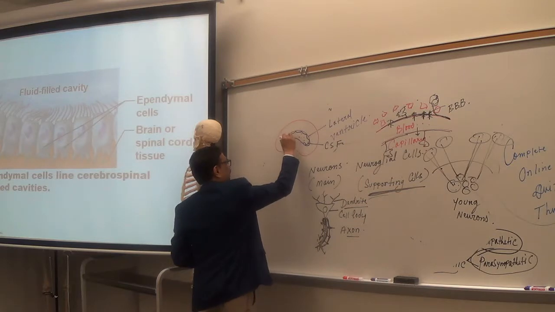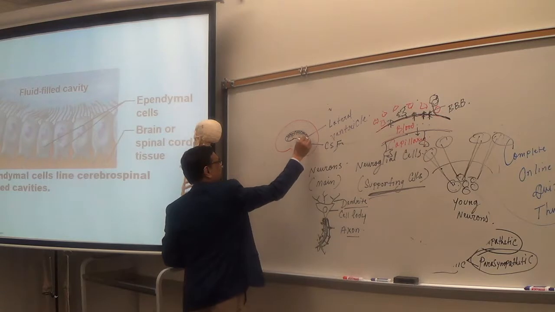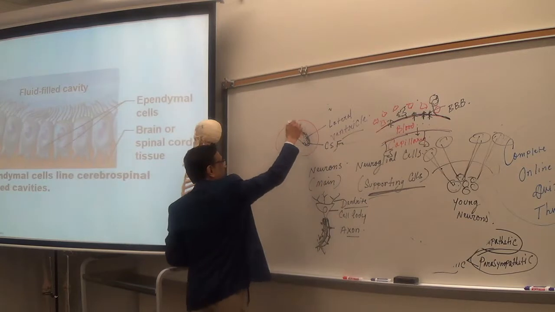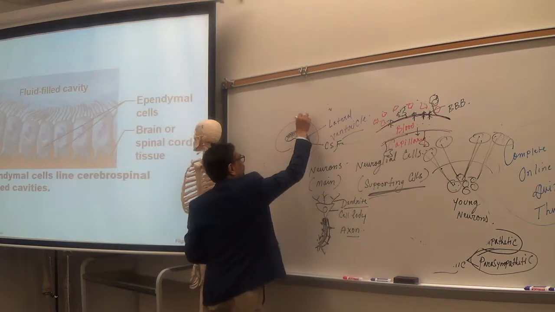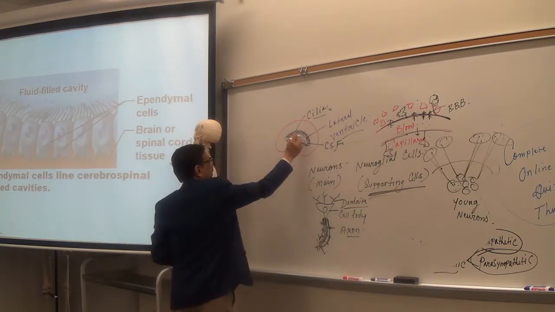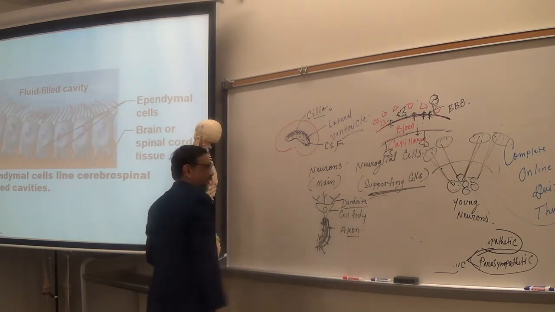And the ependymal cells have cilia, soft hair-like structures like this. You know cilia already. So cilia are attached to the ependymal cells. So these are the ependymal cells attached to the wall of the ventricle, and cilia come out from the cells. And fluid is here. So this cilia beat like this to move the fluid away.